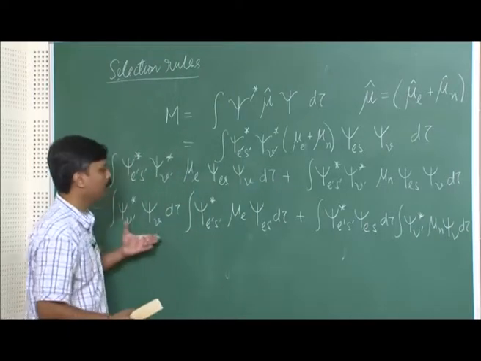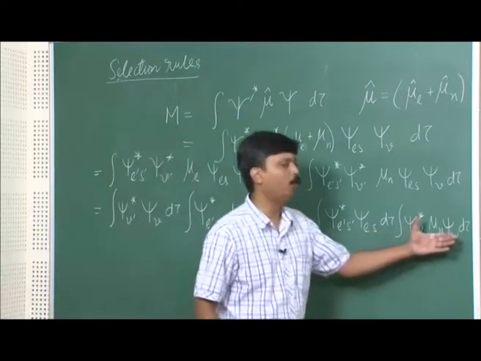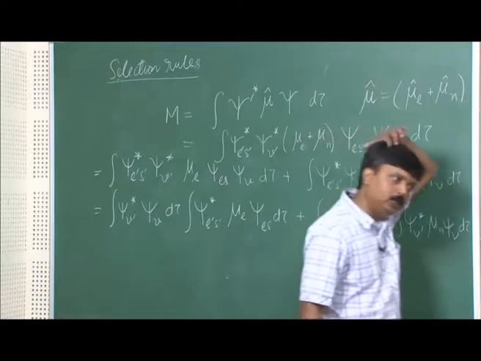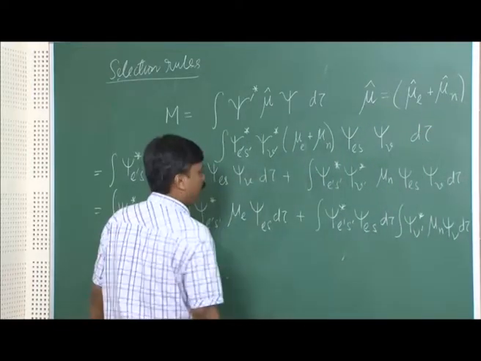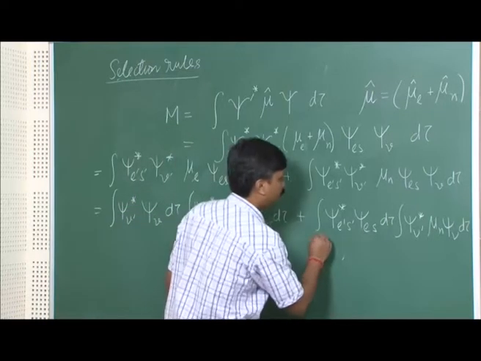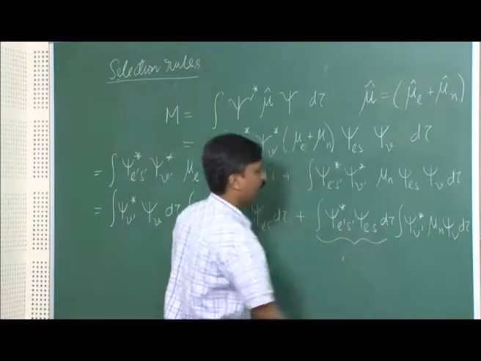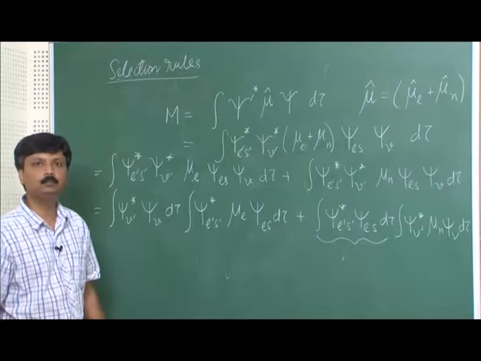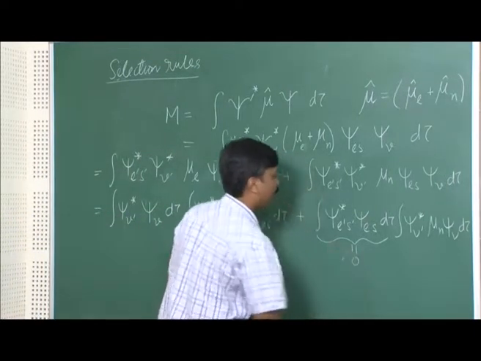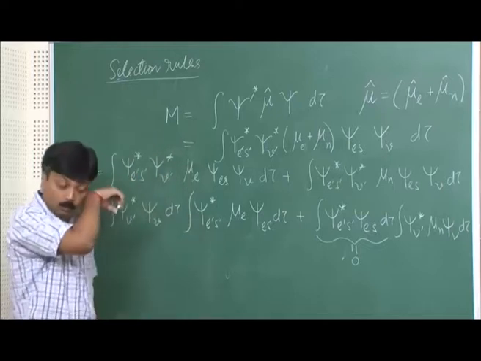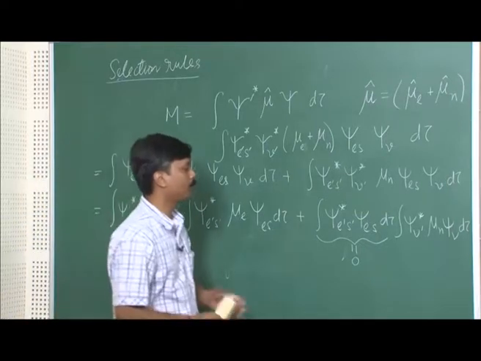So I have total 4 integrals here, right. So here if I look at this part, it is equal to 0, right. Why is it so?